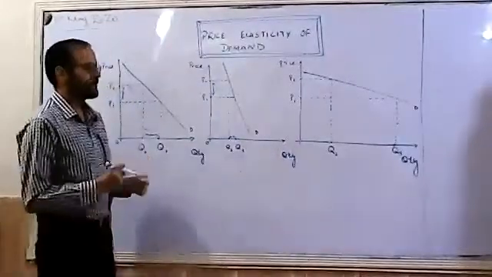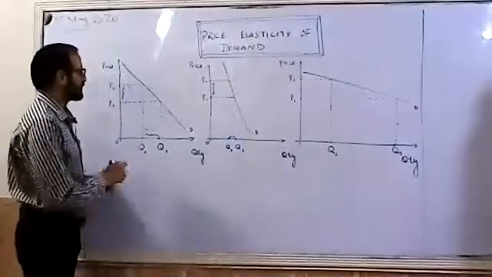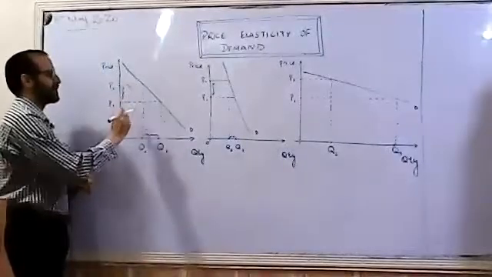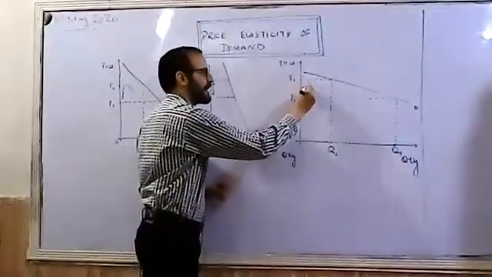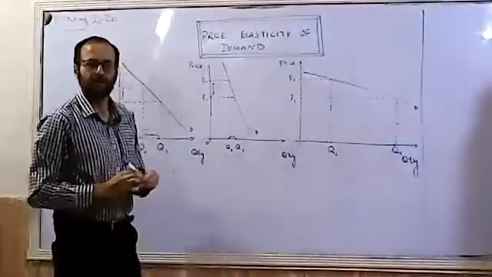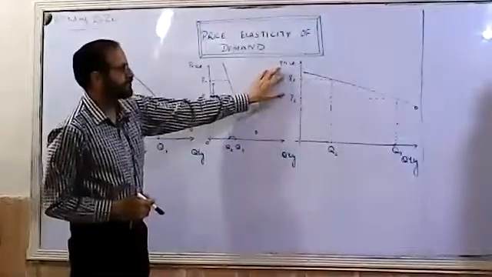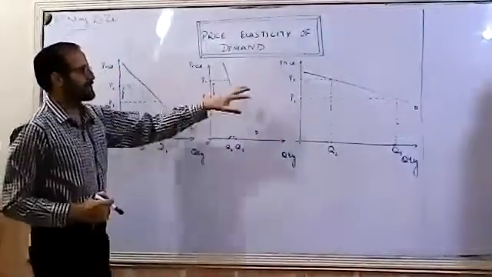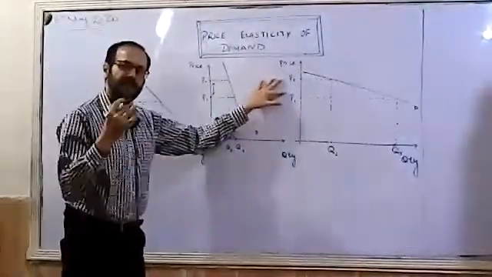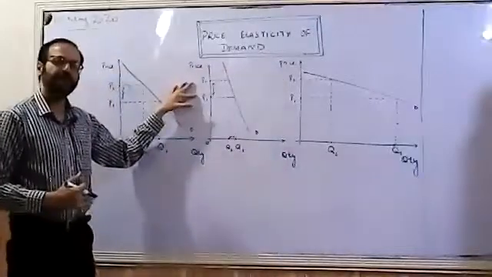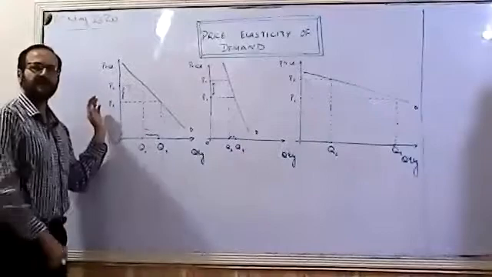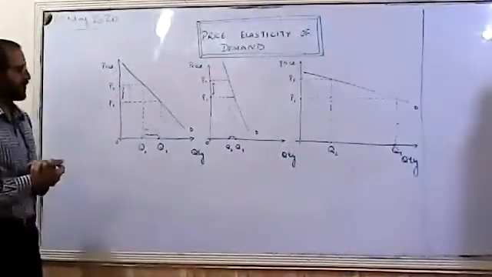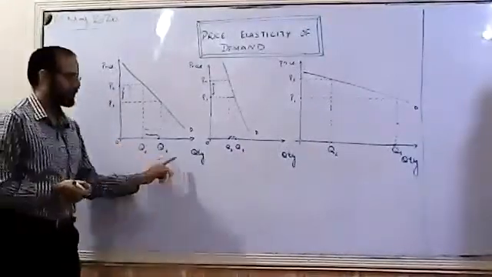The only difference we see is that the price is changing by the same size in each diagram, from P1 to P2, but the difference is in the quantities.